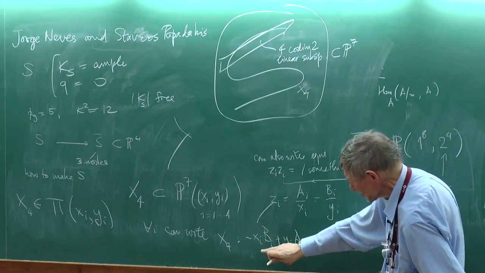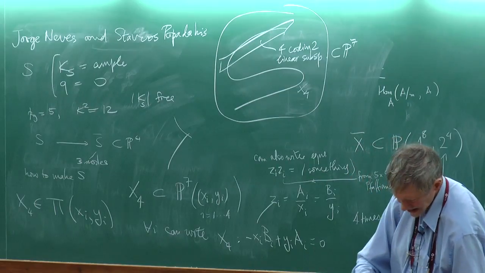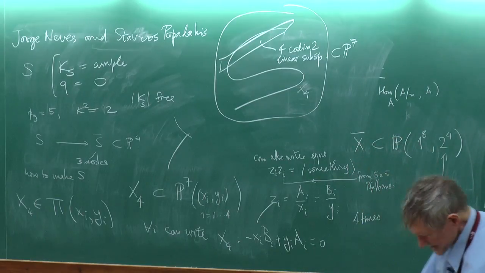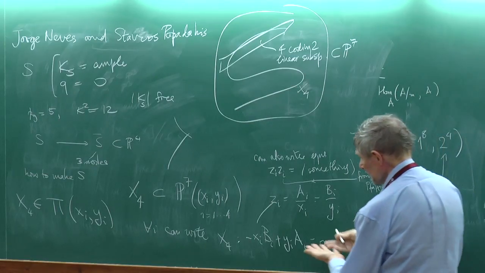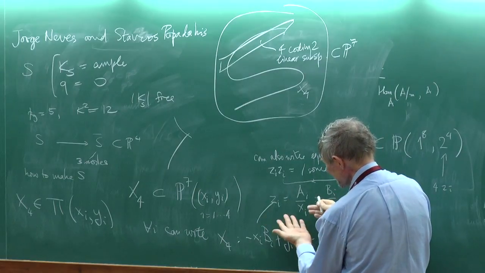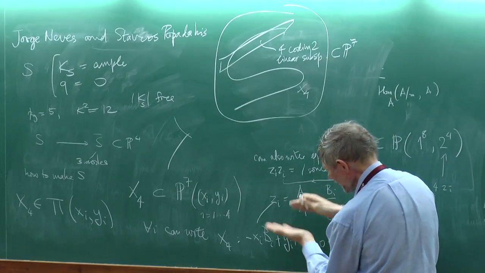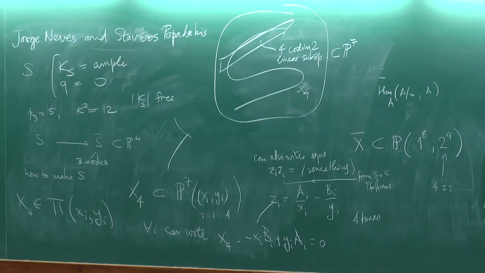And I know 4 of the equations. So it must have oddly many equations by this Buchsbaum-Eisenbud theorem. And so you mess around a bit and you find out how to write these 4 equations as 4 of the Pfaffians of a 5 by 5 matrix, and that gives you the 5th equation.